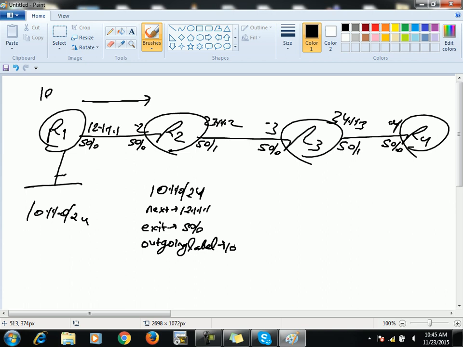That will be known as the outgoing label. Remember that whenever a device receives any label with any prefix, that label will always be known as the outgoing label.